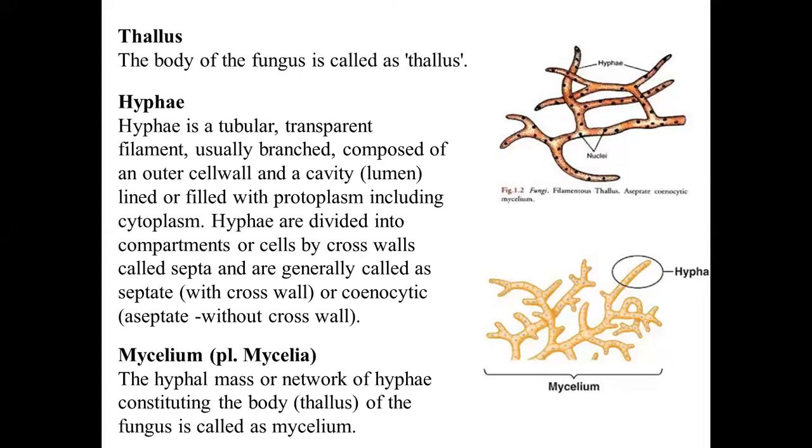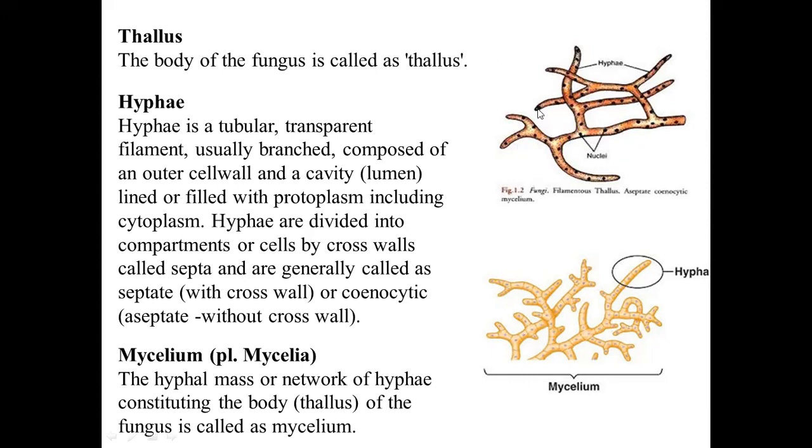The body of the fungus is called thallus. A complete body of the fungus, as you see here, is known as thallus, and it is having the hypha. A single fragment, you can see here also, is known as hypha. And you can see here the nuclei, the hypha is multinucleated.